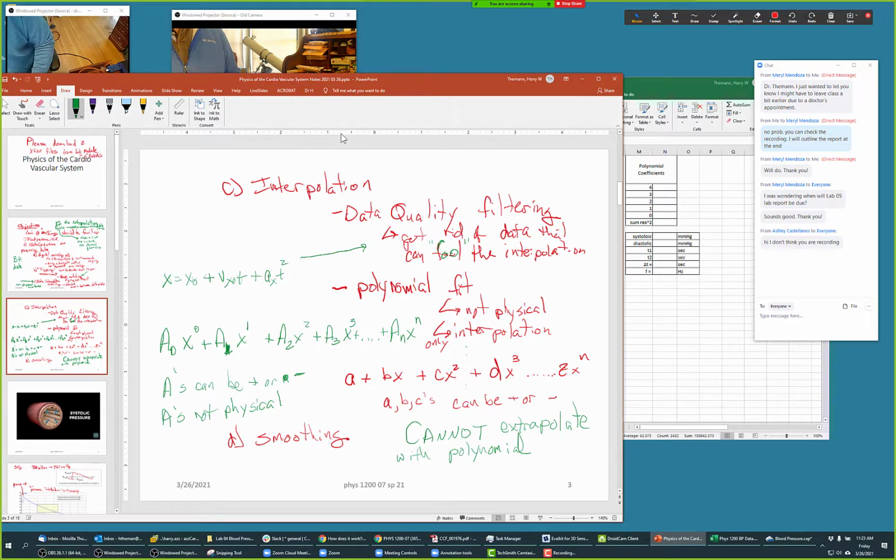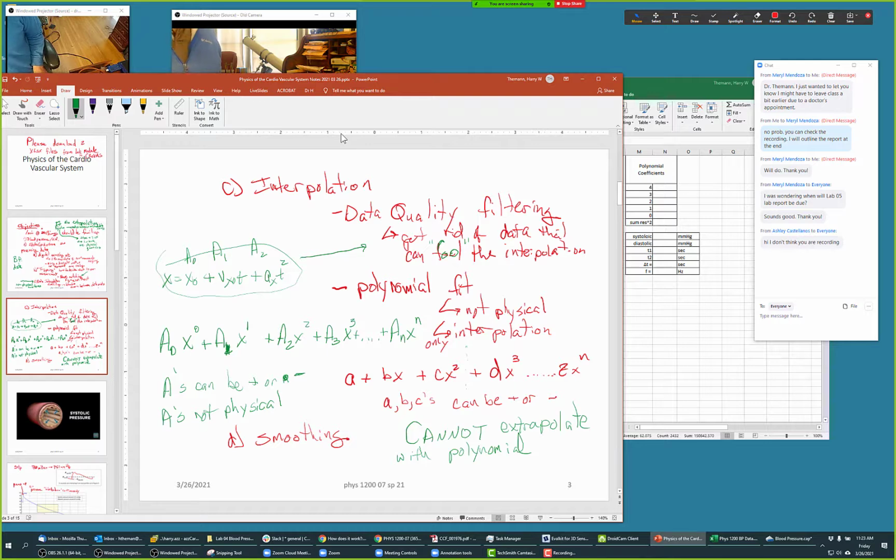So this is a polynomial, you don't even realize it. x sub 0 would be my a0, v sub x0 is my a1, and the acceleration is my a2.